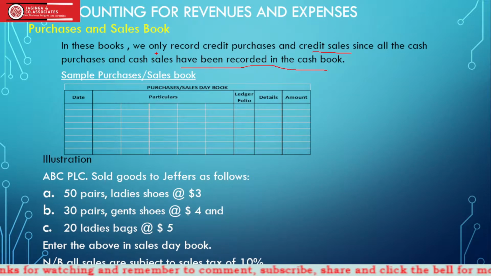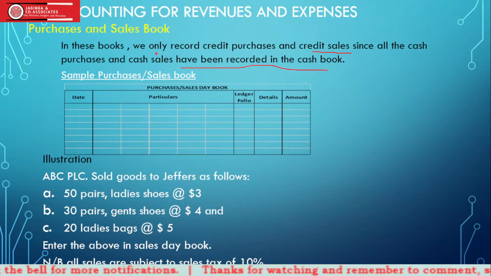In a practical situation, when a business is operating, you'll be having quite a number of numerous transactions, and the bulk of the transactions will be for purchases, will be for sales, and then for cash transactions.